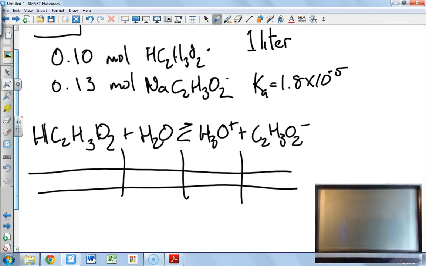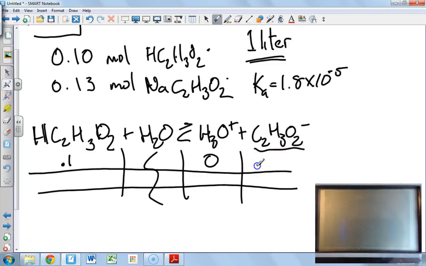Now, ICE charts have to be done in molarity, so it's per 1 liter, which makes the math a little easier. So this is 0.1 molar. Water doesn't matter. H3O is 0, and now we have this 0.13 moles of sodium acetate. That's our source of the acetate ion, the conjugate.